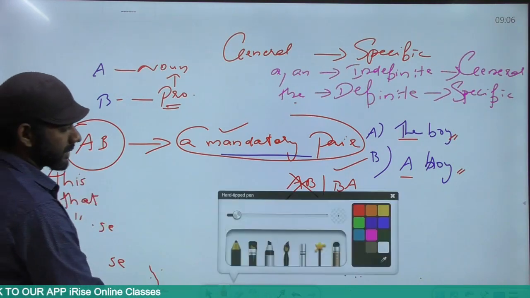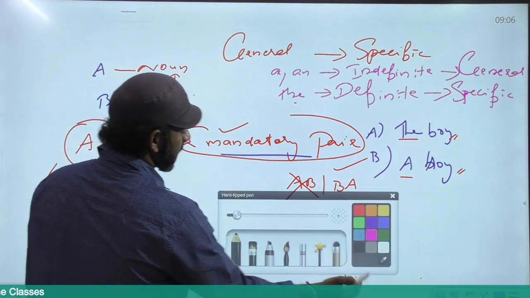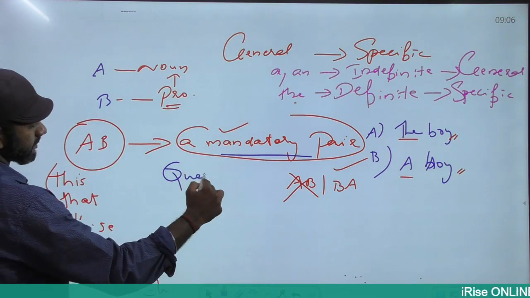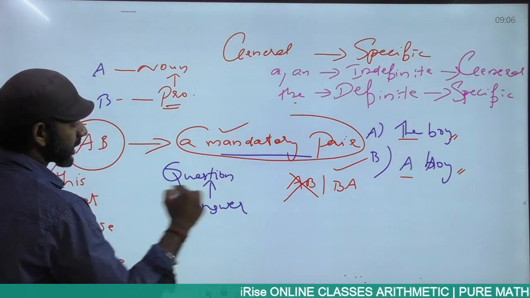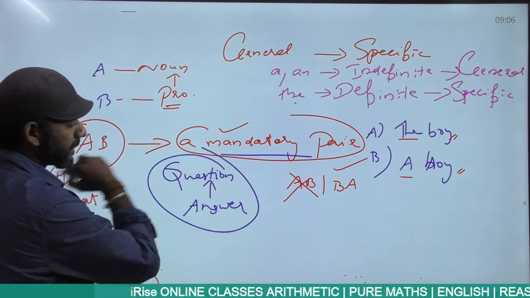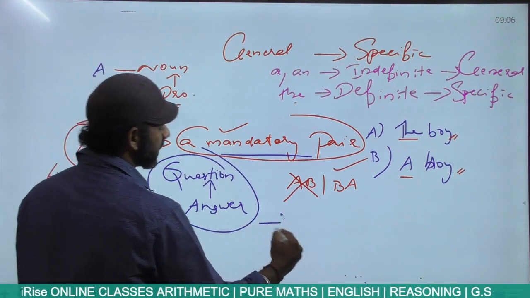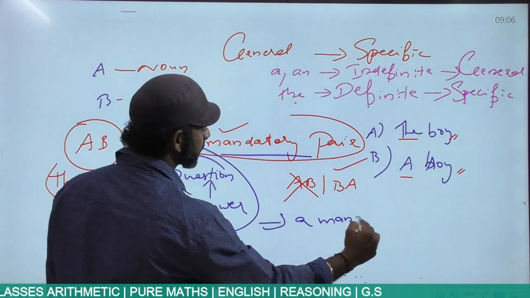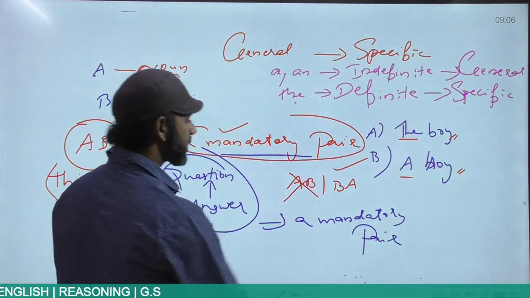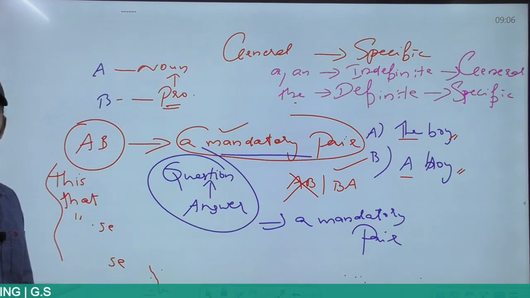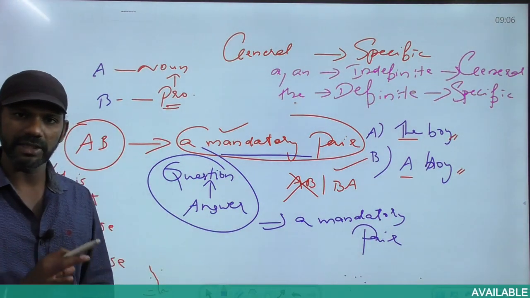Because the rule is this, a question and the answer to the question must appear together and can be called a mandatory pair.